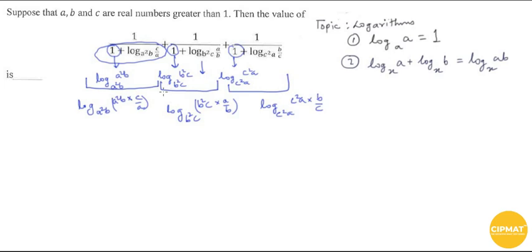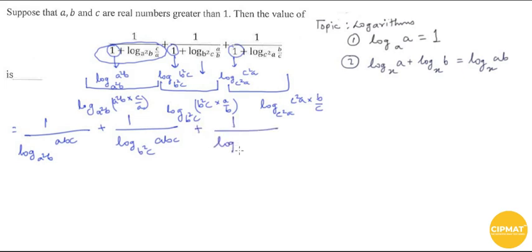So if we further simplify this equation, what do I get? This equation can be written as 1 by log of a square b, and here I can write abc, plus 1 by log of b square c times abc, plus 1 by log of c square a times abc.